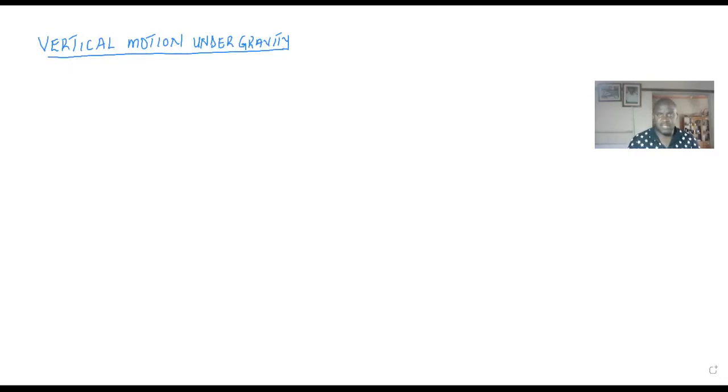Because we have always been seeing motion of bodies moving on a horizontal surface, now we want to see what happens if bodies are thrown vertically upwards. What if this piece is thrown up? How does it move? So that's what you're going to look at.